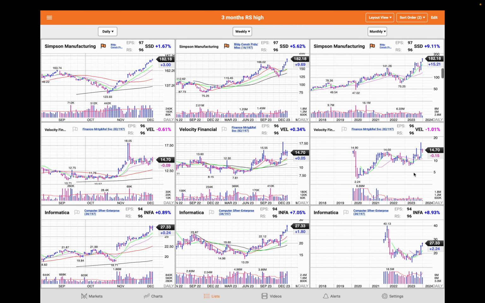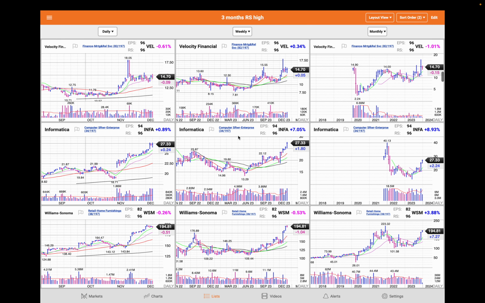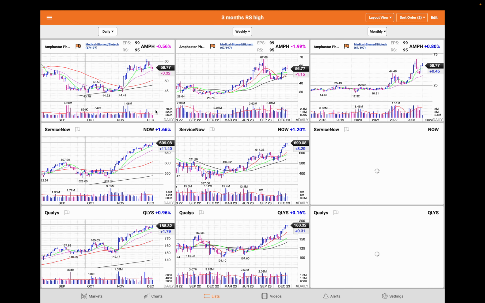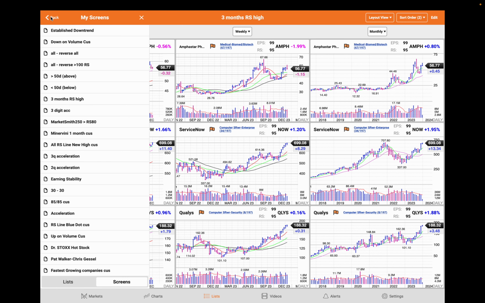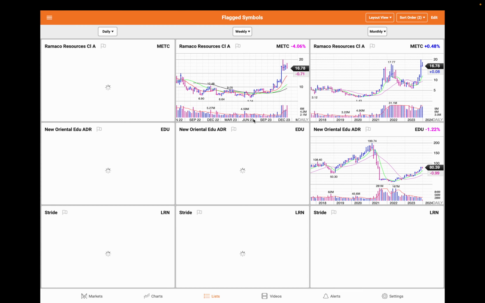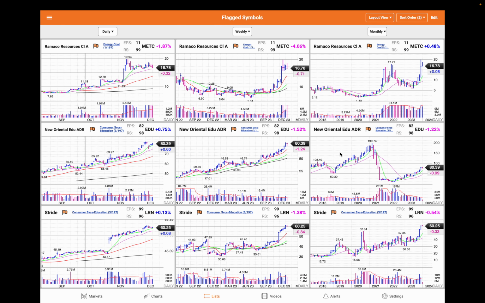And if there's anything that I like, I just flag it, just like that. And then I go to favorites, flagged symbols, and this shows all the names that I flagged by going through multiple different screenings.